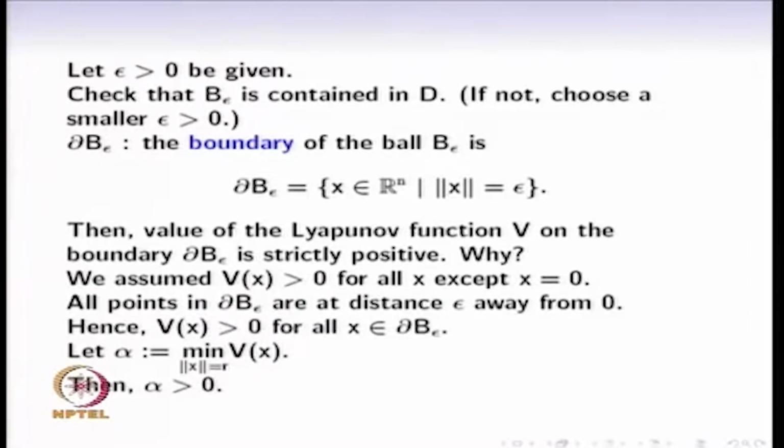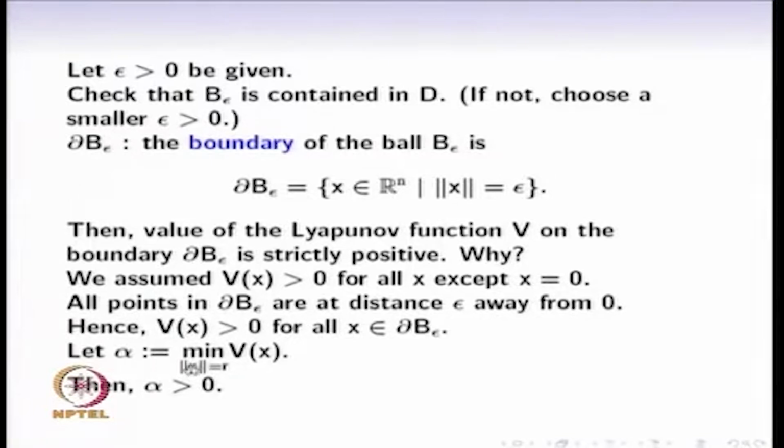So if it is positive on all the points on this boundary, del B epsilon, then we will look for the minimum value that V takes on del B epsilon, the minimum over all x such that the norm of x is equal to r.